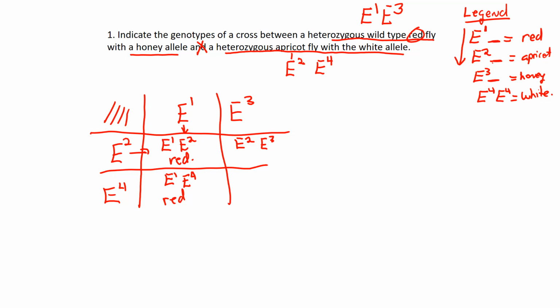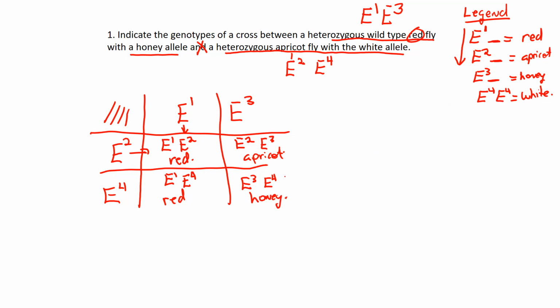Again, it can't be an E1, but anything other than that, it will be apricot. And for this one, E3 comes before E4 in dominancy, so we'll write that first. E3, doesn't matter what the other allele is. It has to be something, either another E3 or something recessive. But that's going to be honey.